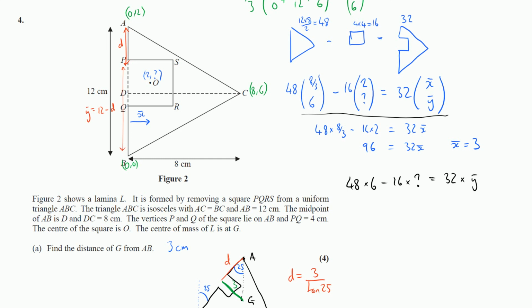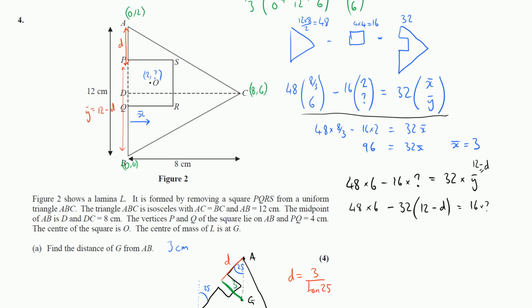And now I know what y bar is. y bar is equal to 12 minus d. So rearranging, I know that 48 multiplied by 6 less 32 lots of 12 minus d is equal to 16 lots of whatever this coordinate is going to be.